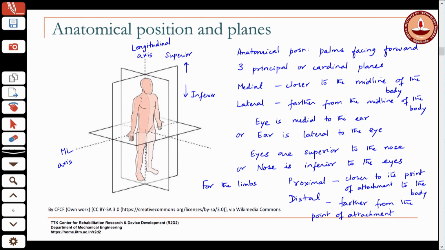For example, the hip is proximal to the knee, and the knee is proximal to the ankle, or you would say the ankle is distal to the knee and the knee is also distal to the hip.